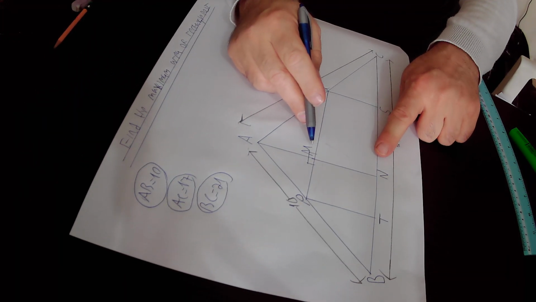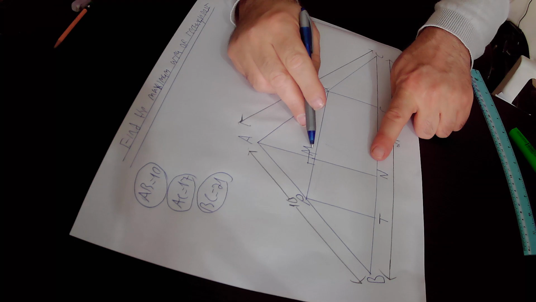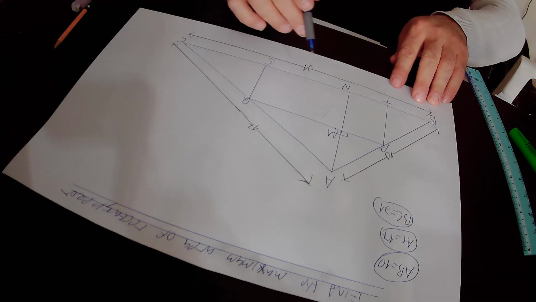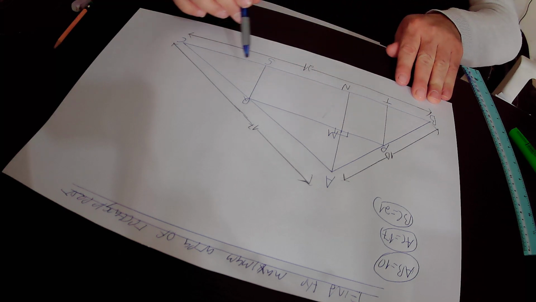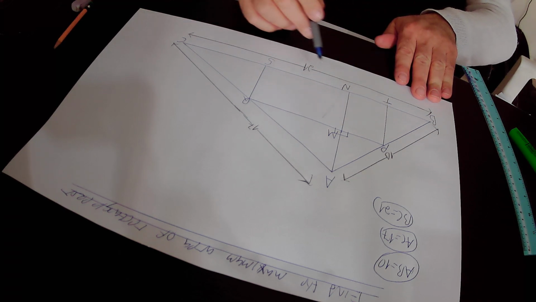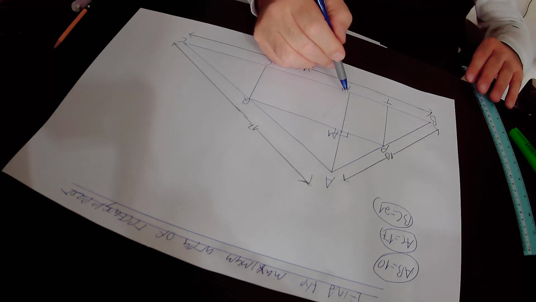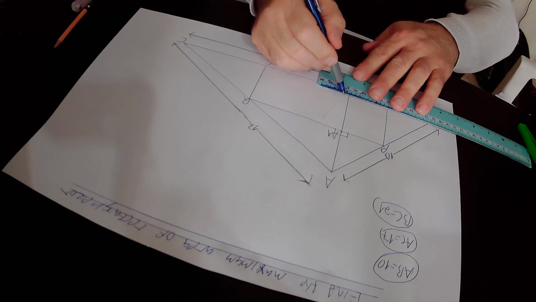They are located between the two parallel lines PQ and BC, and therefore they are equal to each other. But this angle equals 90 degrees, therefore this angle must also equal 90 degrees.